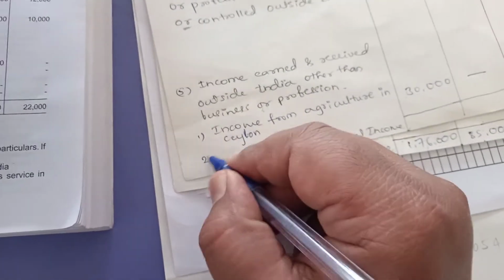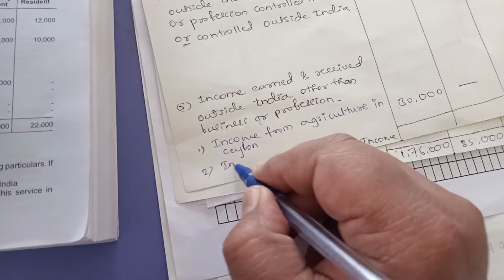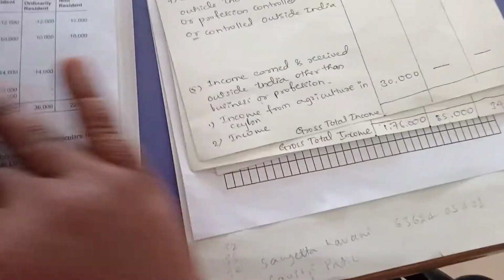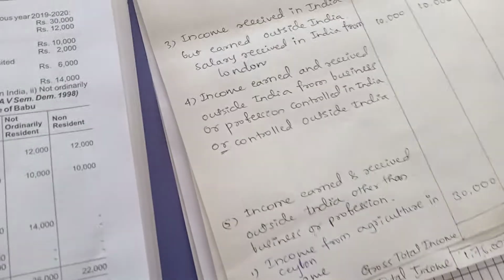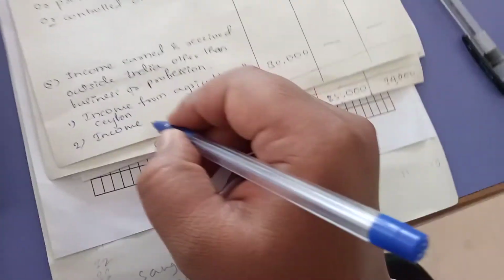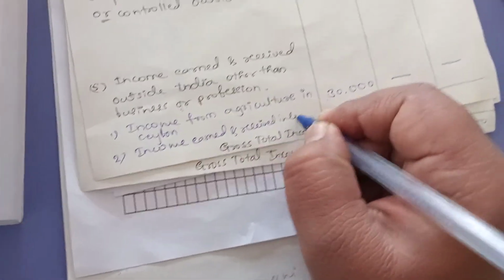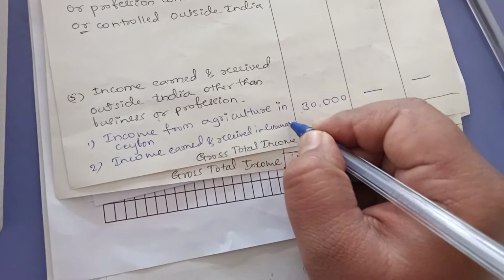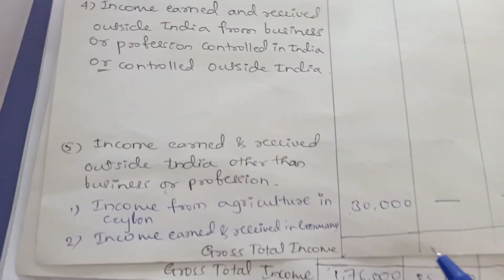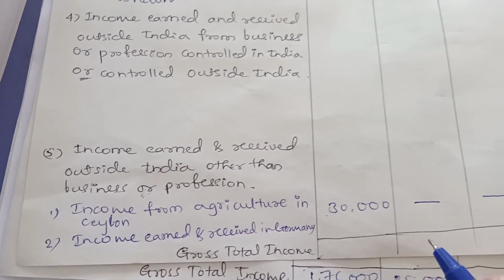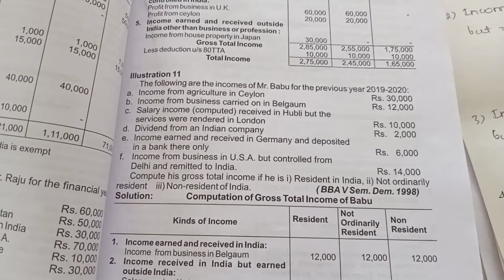That is why here we are going to write: income earned and received in Germany amounted to rupees 6,000.